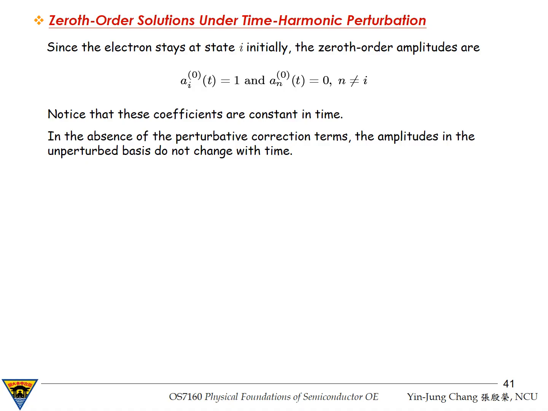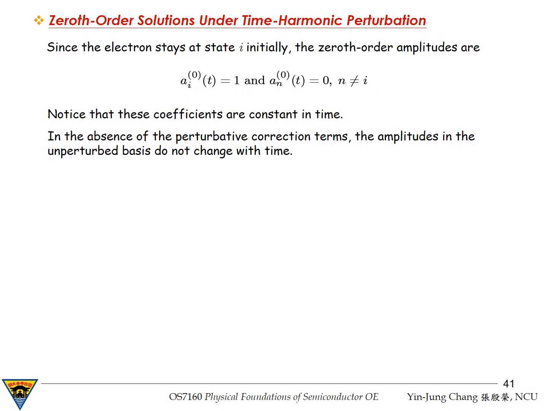This is exactly what we expect. At zeroth order, the perturbation has not yet induced any transition, so the system simply remains in its initial unperturbed state. Notice that these coefficients are constant in time.